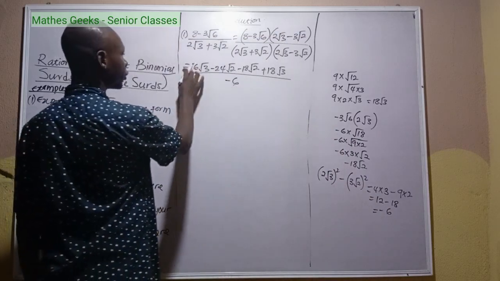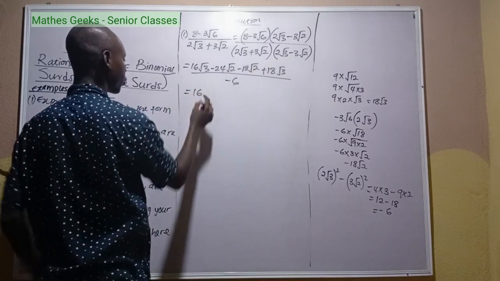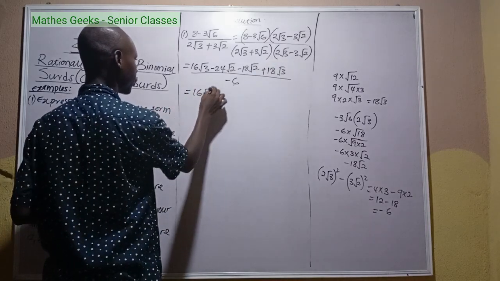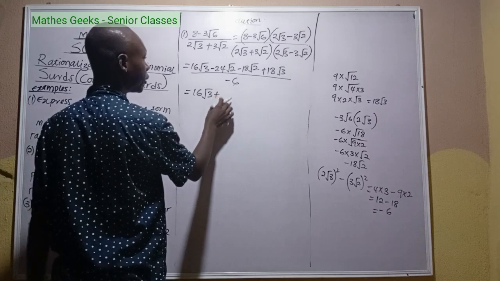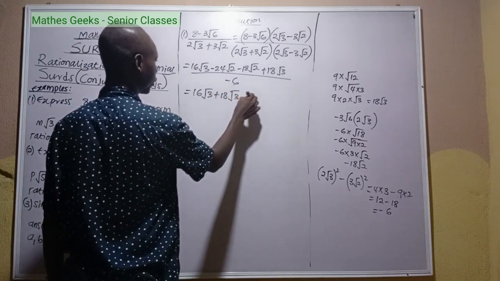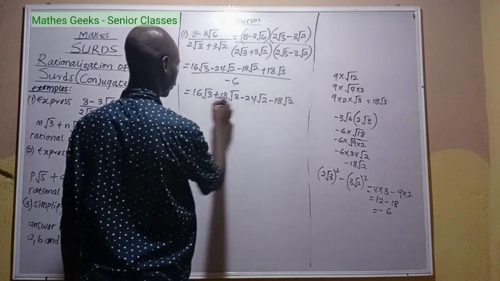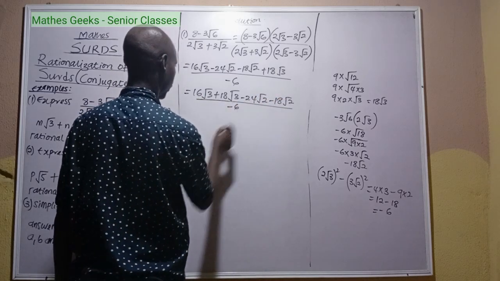So 16 root 3, bring similar surds together. 16 root 3 plus 18 root 3. Then minus 24 root 2 minus 18 root 2 over minus 6.